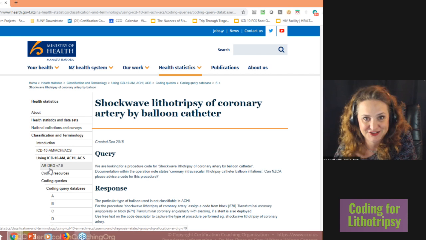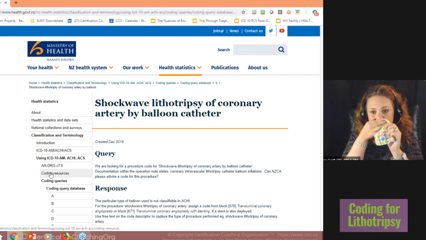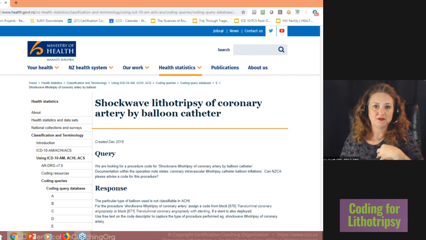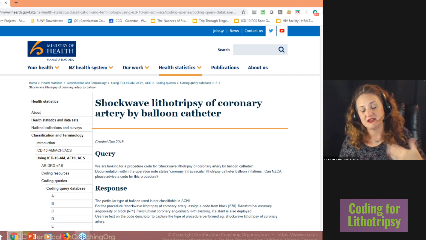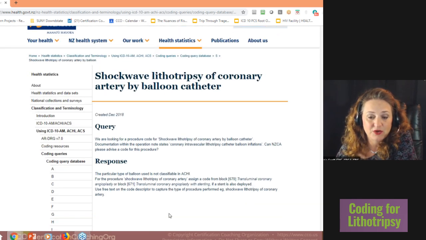They use AR-DRGs, but they use it almost exactly like we do. But their code set is a little bit different. So these codes, 671 and 670, the first three numbers, that isn't our code set. They don't use CPT, so anyway, that all being said, that made sense.